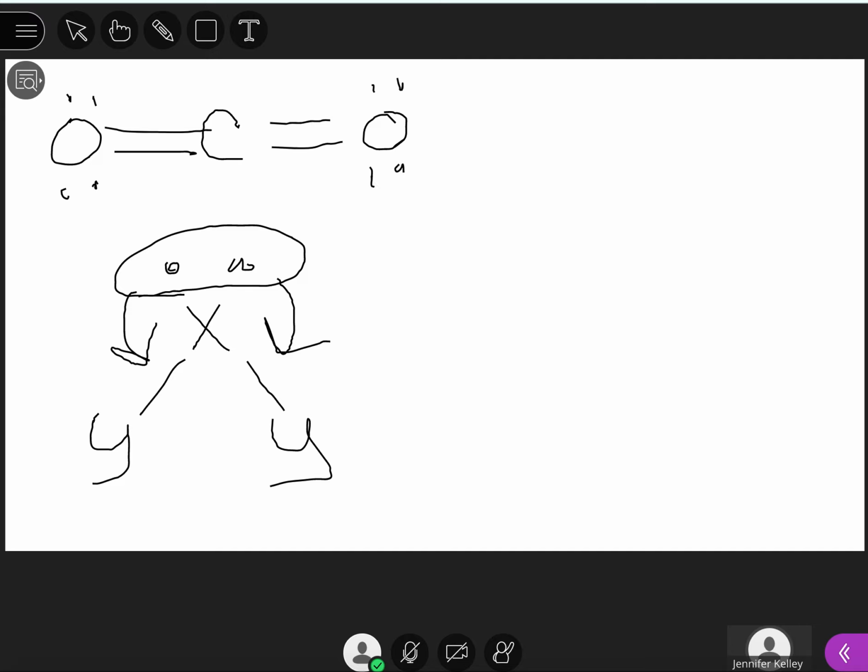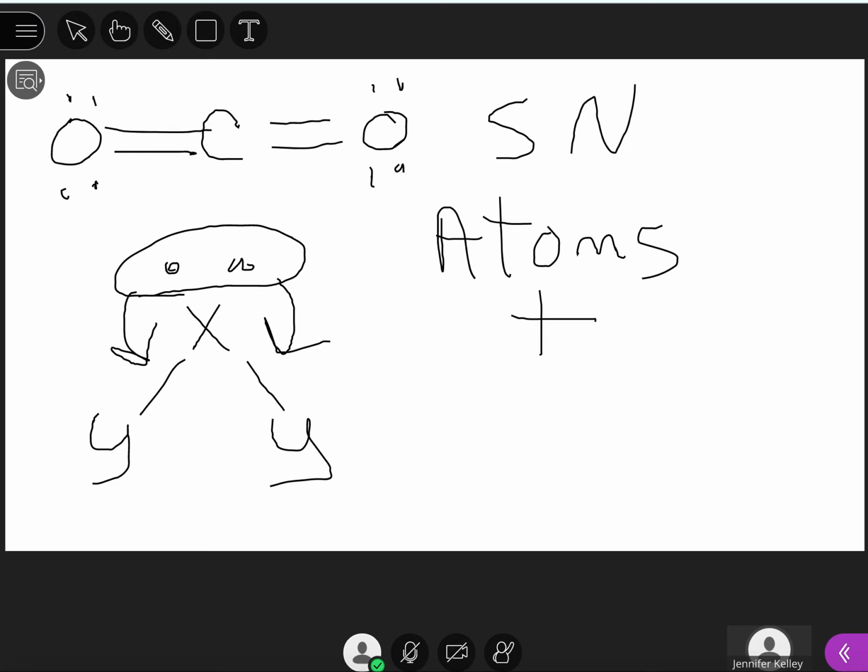And just as a reminder, for steric number, what I mean is the number of bonded atoms plus any lone pairs. So that'll give you the steric number. All right, so anything with a steric number of 3, the electron pair geometry is trigonal planar. So you see both of those have trigonal planar.